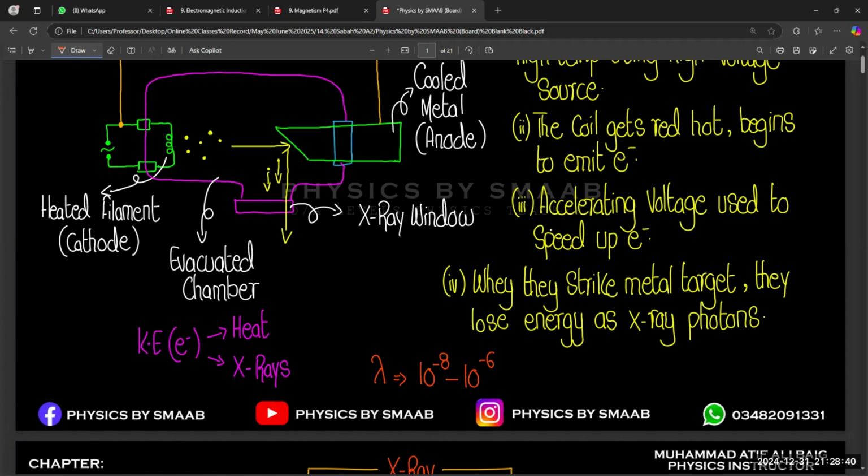This will also change the value of the energy, right? So you can compare the value of energy by using the concept of the wavelength.